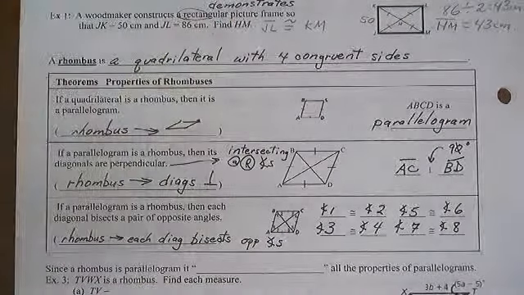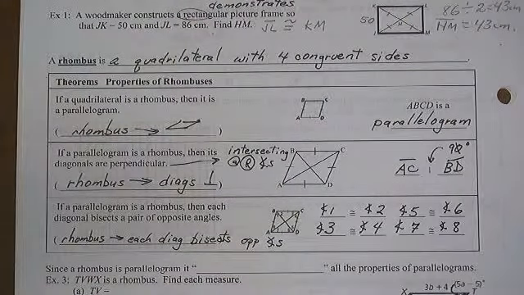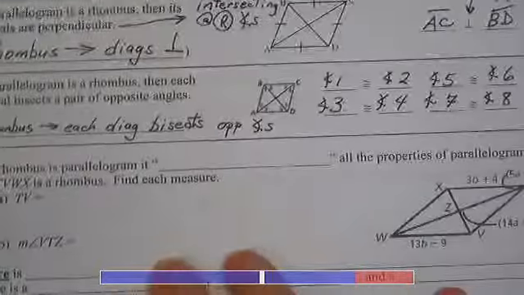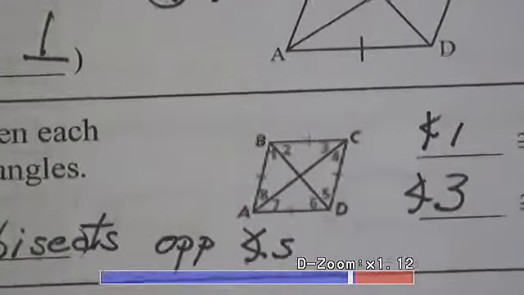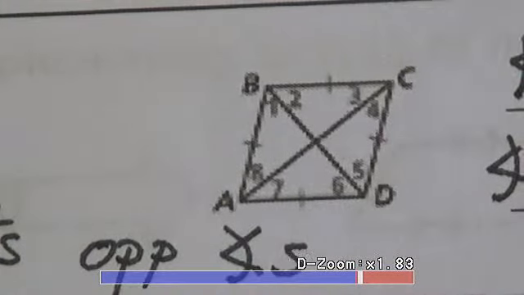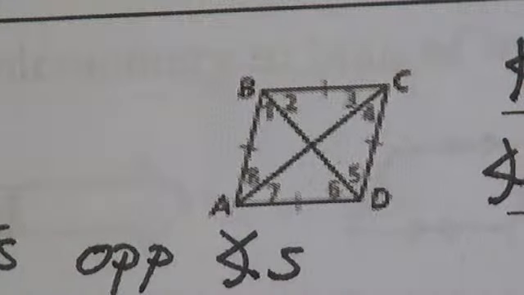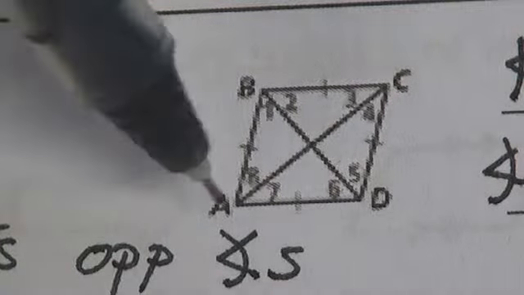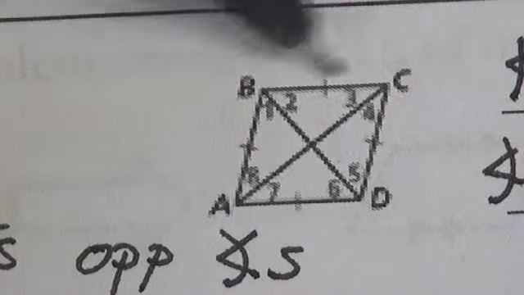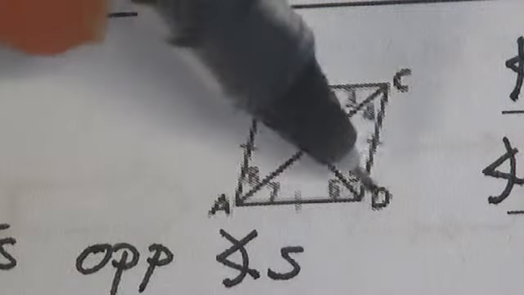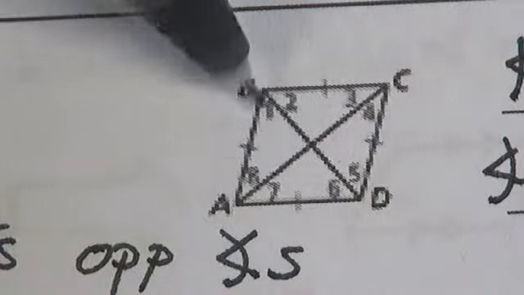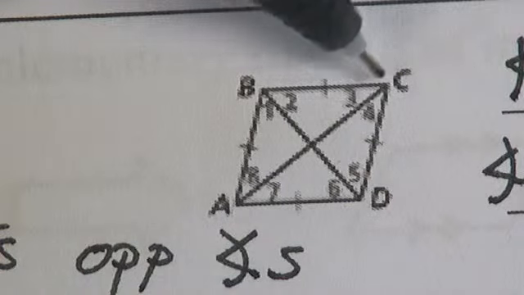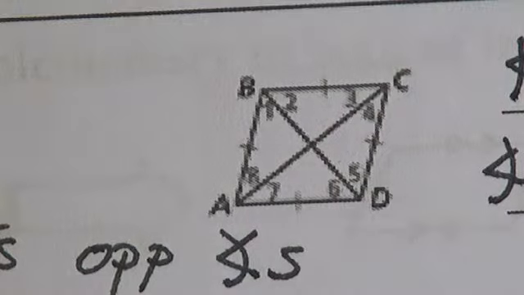If you do not have the original paper in front of you, it is a little hard to see this diagram. I will zoom in very close so that you can see it very well. We have a rhombus AB congruent to BC, congruent to CD, congruent to DA, and the diagonals bisect the opposite angles.